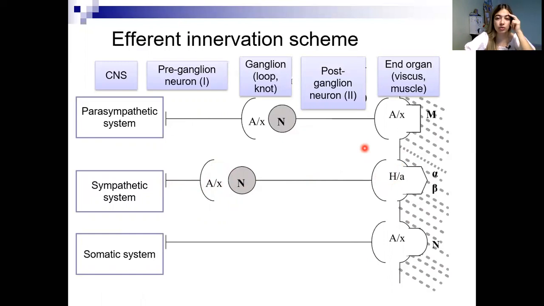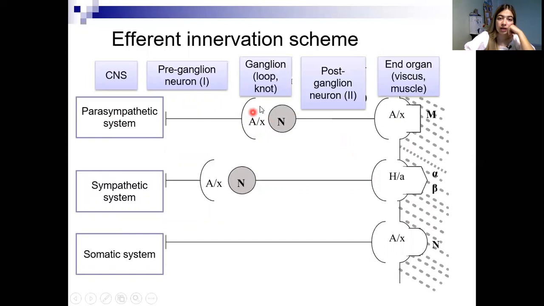The number two difference is actually the neurotransmitter. So what we can see here is acetylcholine. Acetylcholine is the neurotransmitter for both neurons in the parasympathetic system.